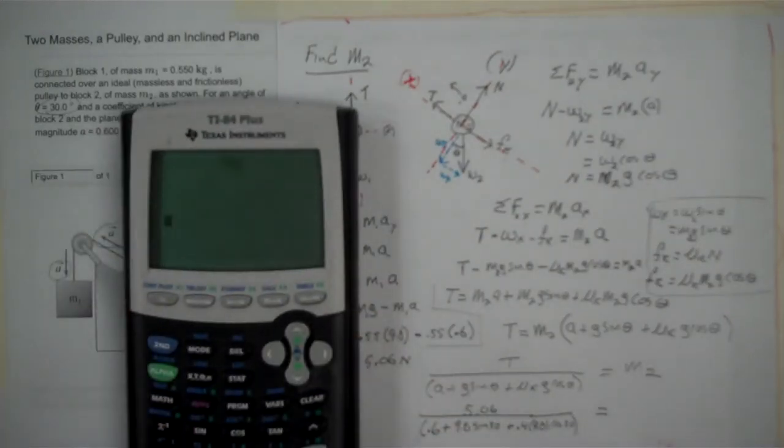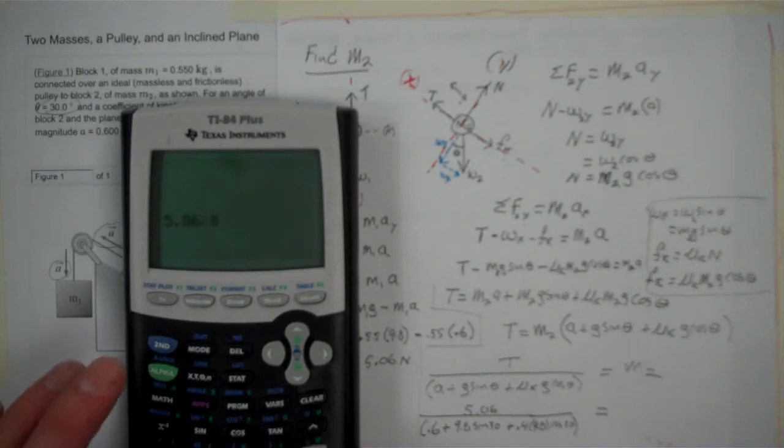So let's see if we can do that here. 5.06 divided by the quantity, 0.6 plus 9.8 times sine 30 plus 0.4 times 9.8 times cosine 30.